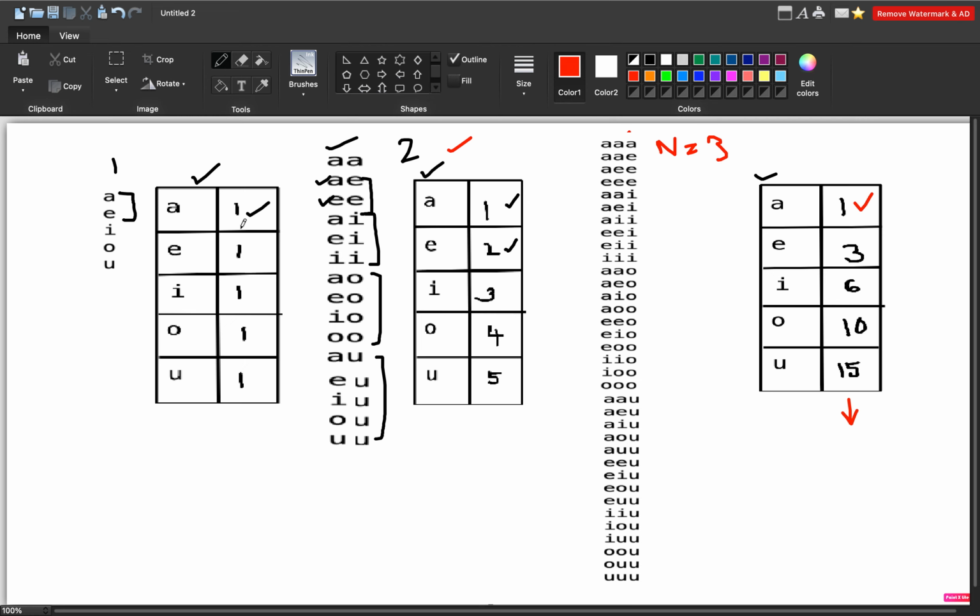Similarly, we can verify in this test case that when our n was 1, if we sum up all of them, the answer will be 5. So yes, it is right. Similarly, where n was equal to 2, if we add up all of them, the answer will come up to 15 and we verified it. So let's code it up.